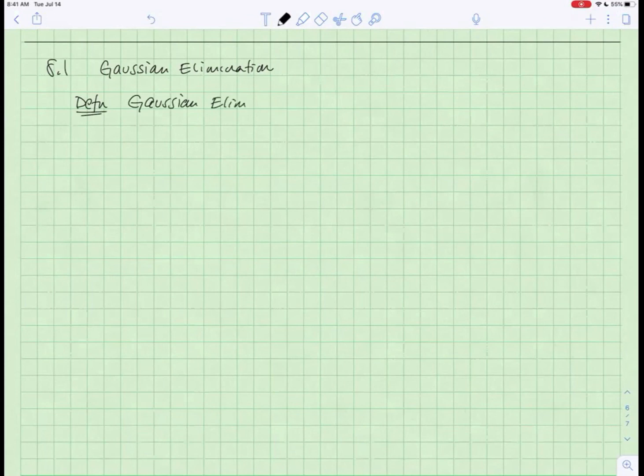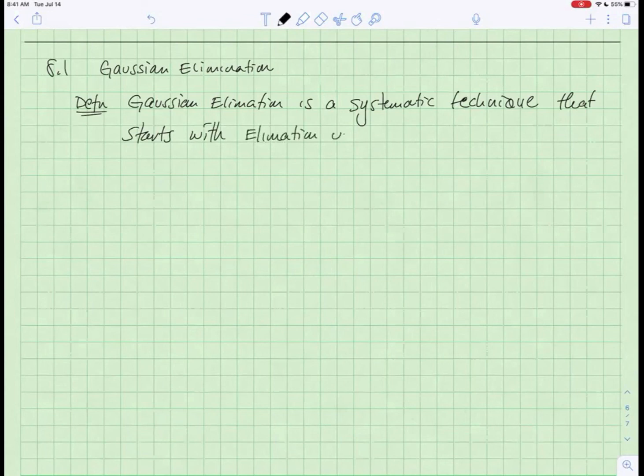Gaussian elimination is a systematic technique that starts with elimination until one variable is solved for.